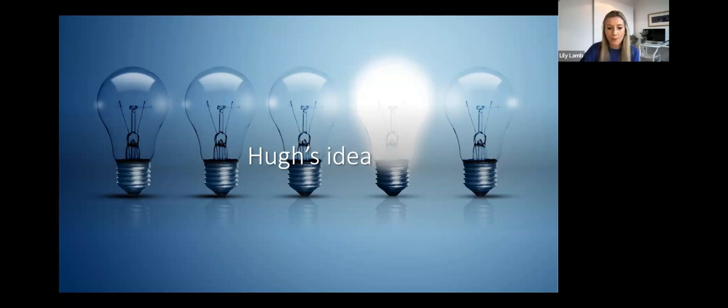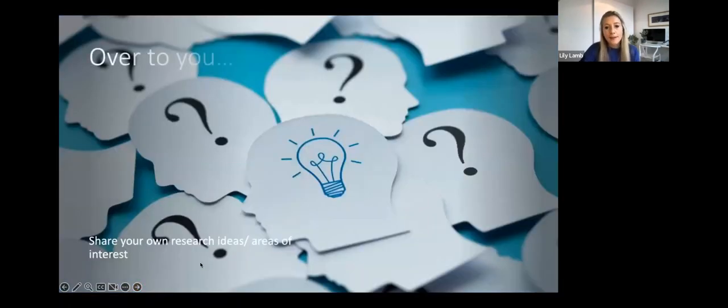This first group is going to be 10 minutes, and you'll get a warning when there's a minute left. What we'd really like you to do is firstly introduce yourselves, so what your role is, and then share your own research ideas and areas of interest in that group, if that's okay.